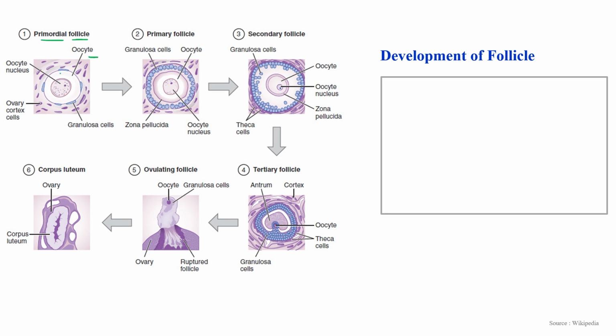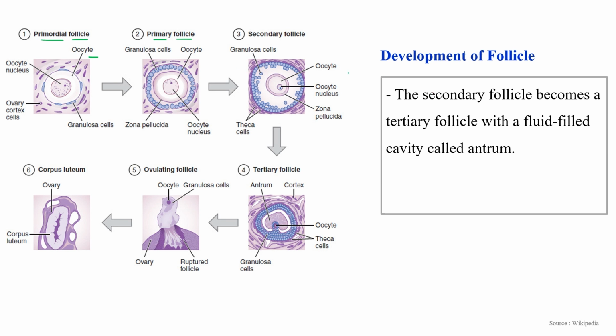This is the nucleus. These are the granulosa cells. This further converts into the primary follicle, and from primary follicle to secondary follicle. They have given the arrow, so this is the first stage, and this is the second, from primary follicle to secondary follicle.